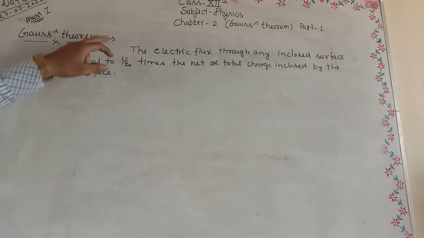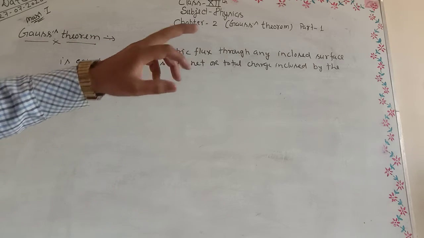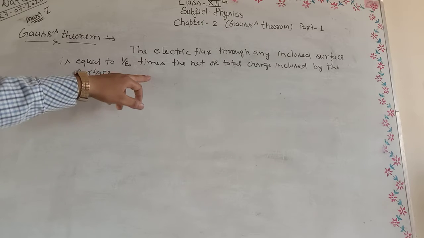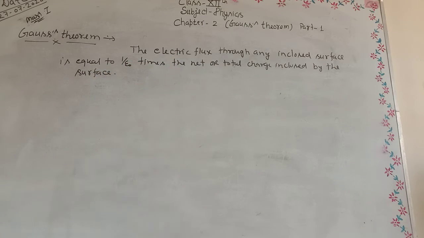Okay students, the electric flux through any enclosed surface is equal to 1 upon epsilon naught times the net or total charge enclosed by the surface.